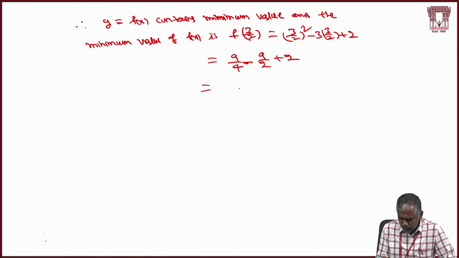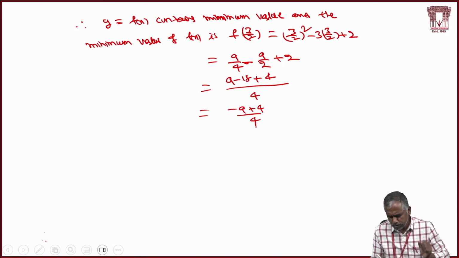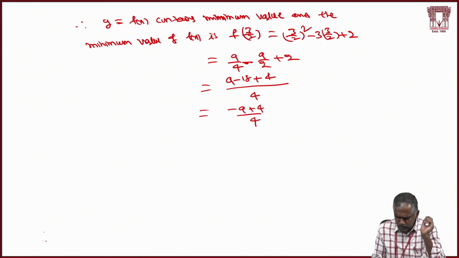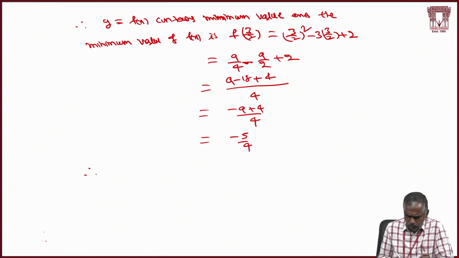So if you simplify this by taking the LCM 4, 9 minus 18 plus 8 by 4. So 9 minus 18 is minus 9 plus 8. So that equal to minus 1 by 4.